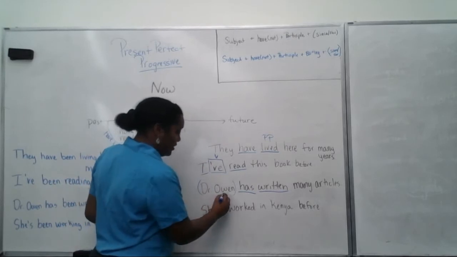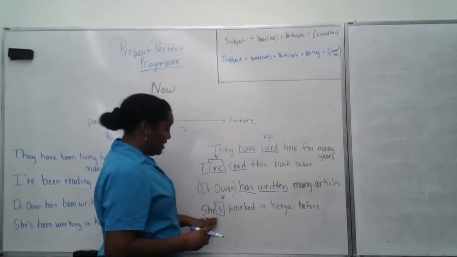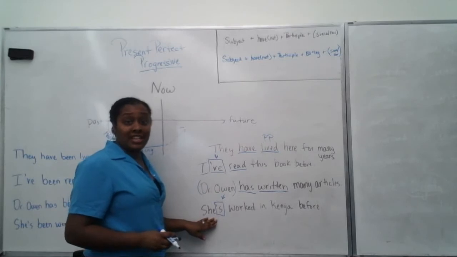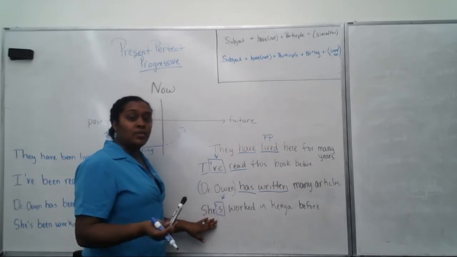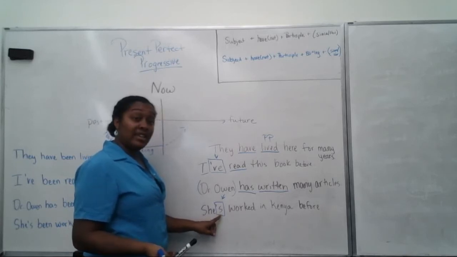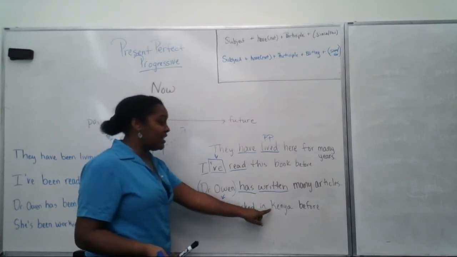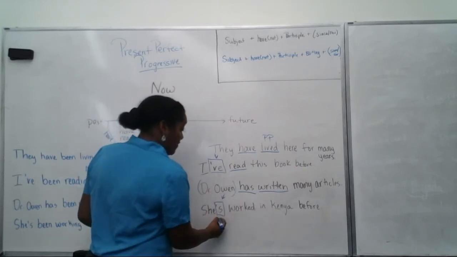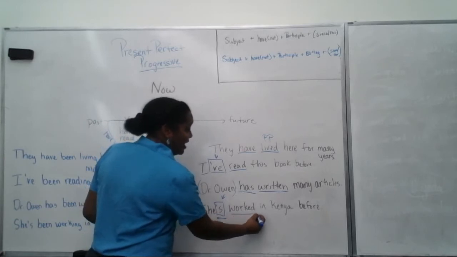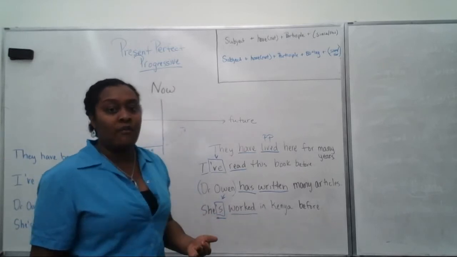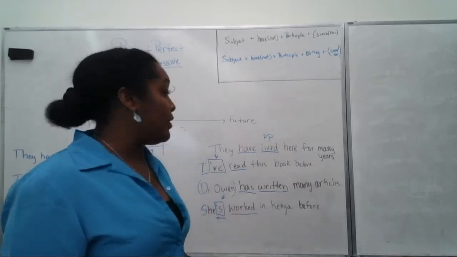It's very important that you notice that the contraction for she is is the same contraction we use for she has. All right? Context will tell you if this S is for is or if it's for has. So she's worked in Kenya before. So if you have the S and a participle, we know that it is present perfect.